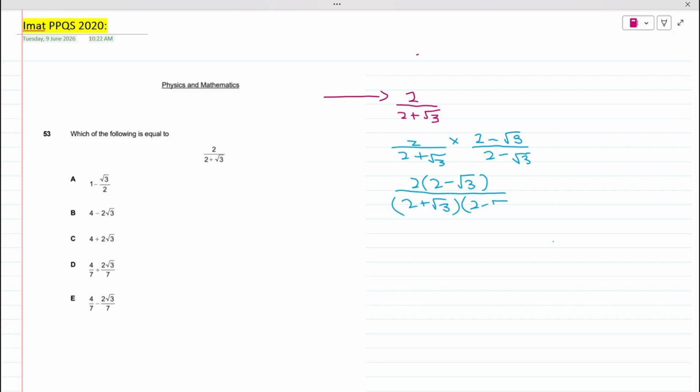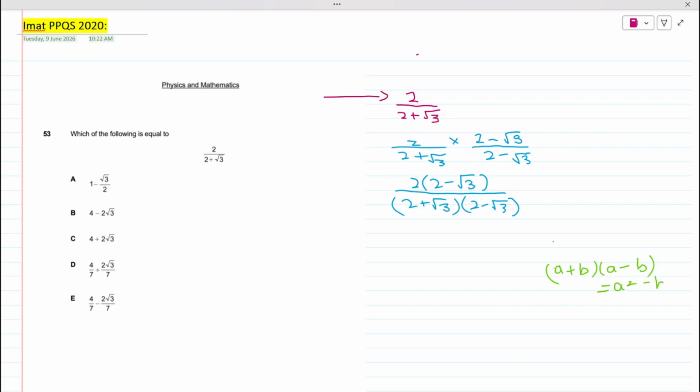Now you have to simplify it, and simplifying it is not very difficult. In the denominator, one formula would be applied here. What formula would that be? You must have heard about this formula: a plus b into a minus b is equal to a square minus b square.